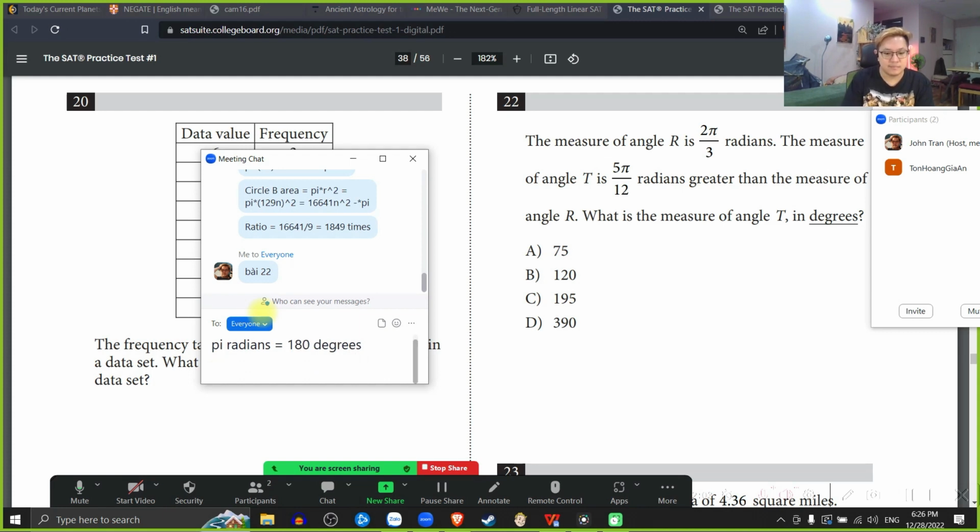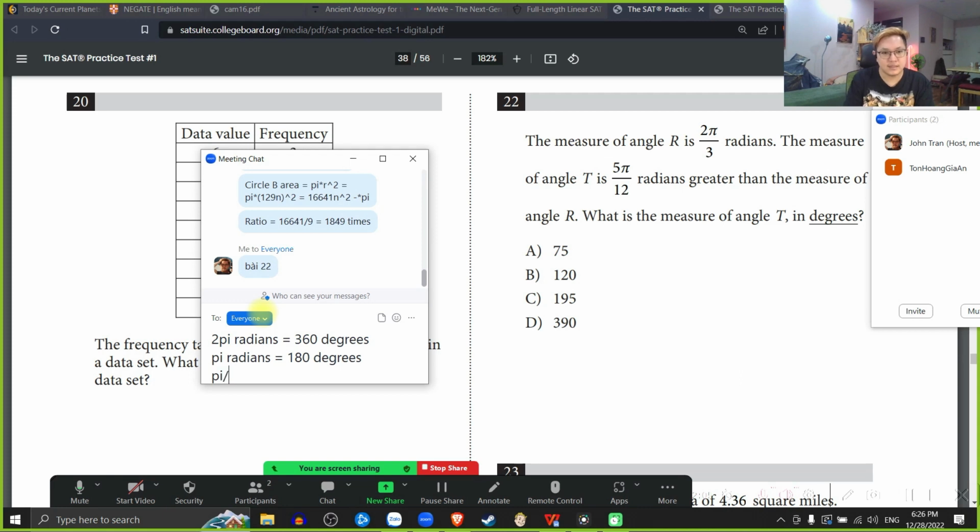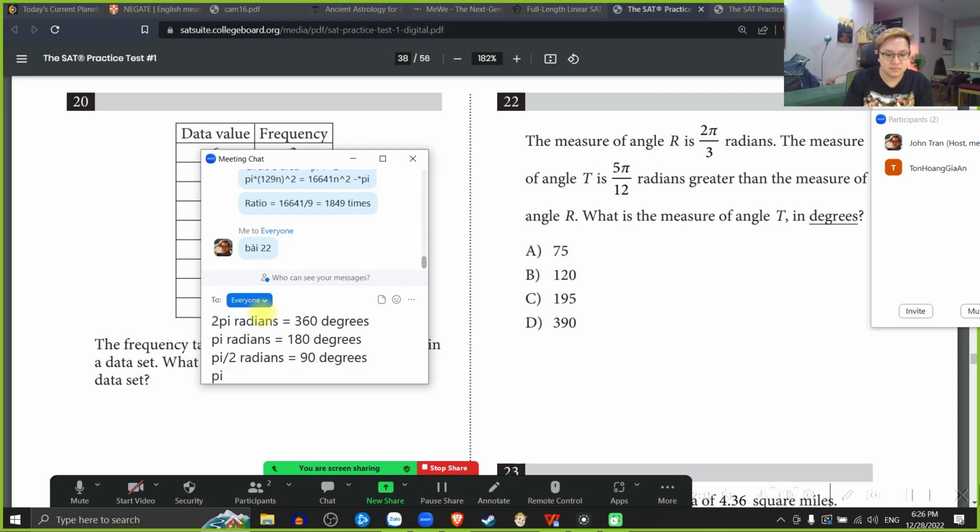Pi divided by 2 is 90 degrees. So pi divided by 3 radians is 60 degrees.